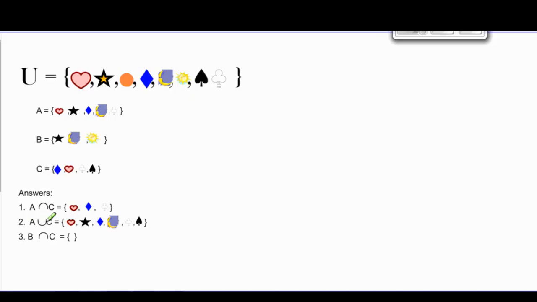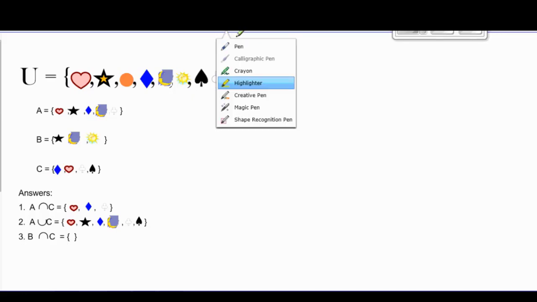Number two was A or C, so that means it could be in either or. So we can start out by just writing everything that's in A, because obviously if it's in A, it's in A or C. So we've got heart, star, diamond, moon, club. Well, we've already put this one. So I'm just going to exit out as I come across them.